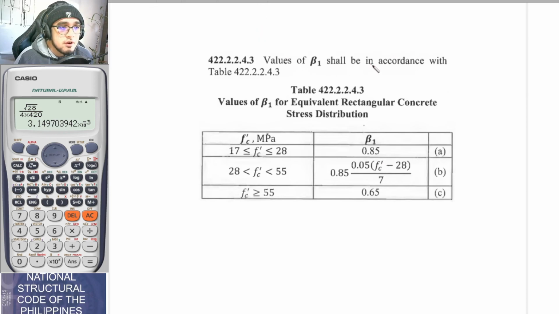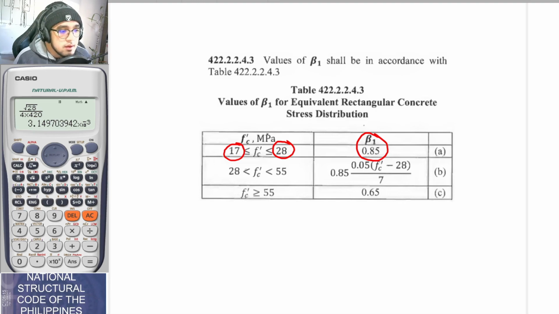And as for your beta 1, ito kasi masyadong na-overlook, especially in your exams. Your beta 1 is to be equal to 0.85 if F prime C is in the range of 17 up until 28. So pag nasa 17 to 28 siya, it is automatically 0.85.